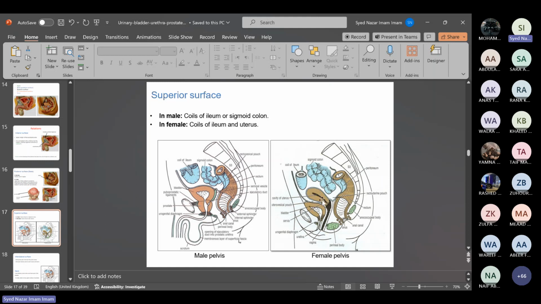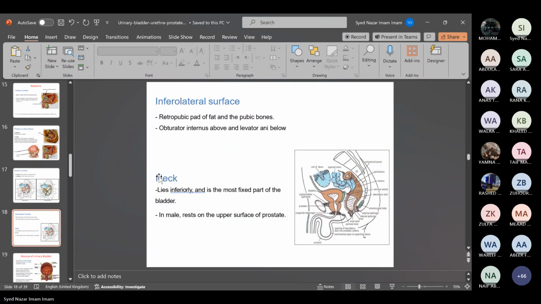So you can say that the superior surface is also related with the uterus. So this is again the difference. In the male, only the loops of the ileum and or the sigmoid colon. But in the female, it is also the uterus, which is related with the superior surface.